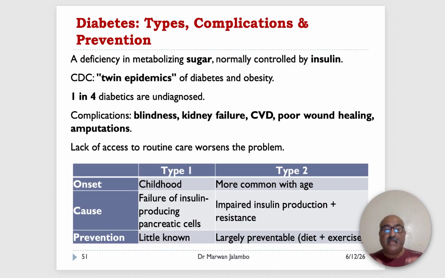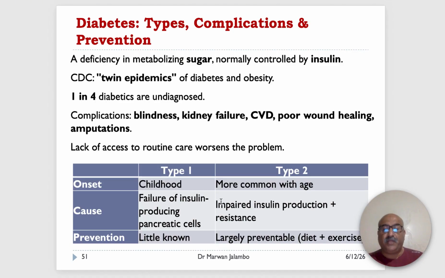Now, there are two major forms, and I want you to see them as genuinely different diseases that happen to share a name. Type 1 usually appears in childhood.